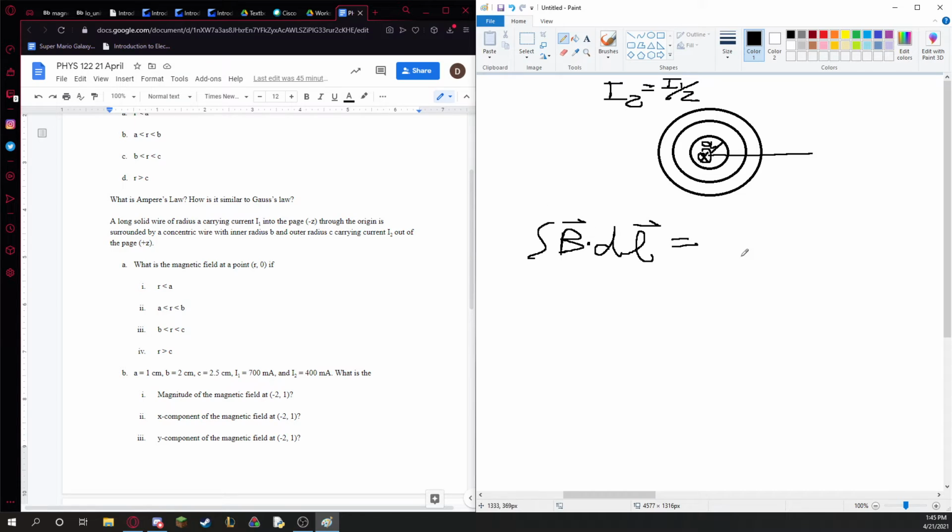How can we simplify this integral? Bring B outside the integral because it's a constant. First, we need to get rid of this dot product, right? How do we get rid of the dot product? B times dl times cosine theta. Exactly. And what does our cosine theta end up being? What's our angle theta?